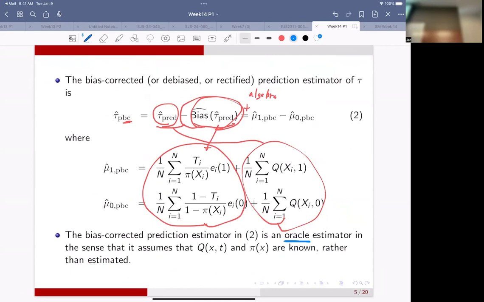The estimator is constructed from a certain function, and we usually have to estimate the functions, but for now, if I knew these functions, then the theory can be easily derived. So this kind of estimator, assuming that the functions are known, is sometimes called the oracle estimator.